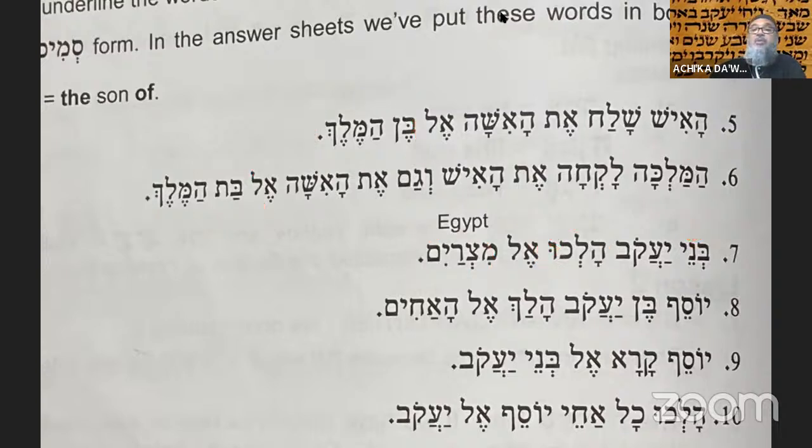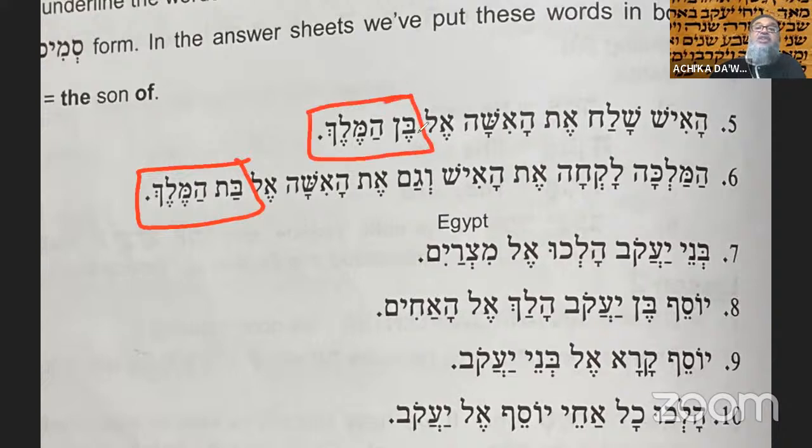Okay. What we're talking about is translational value. This is how you're going to translate. The man he sent to, Eth, the woman to the son of the king.